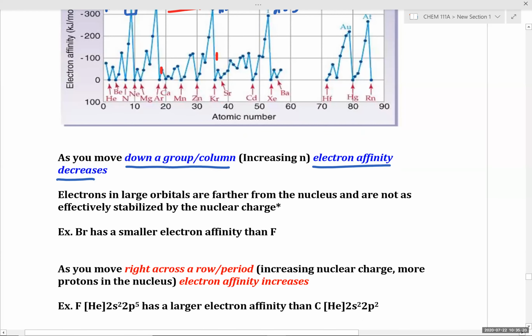Increase, exactly right. As you move right across a row or period, your electron affinity increases.